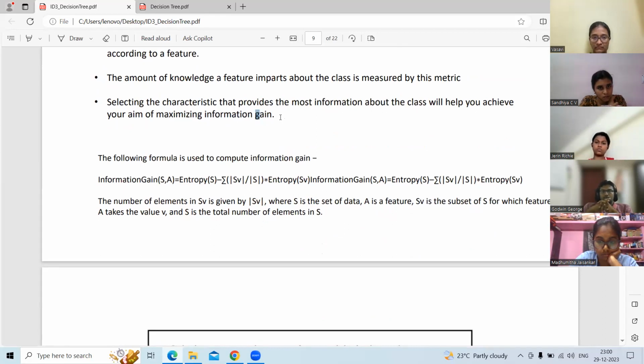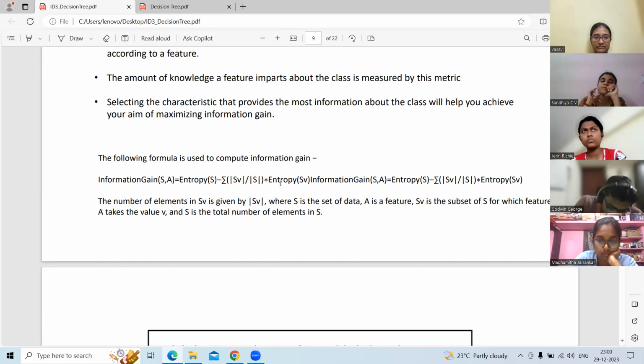helps in maximizing our information gain. We have to choose the attribute, or the feature, both are the same, in such a way that it gives maximum information gain.